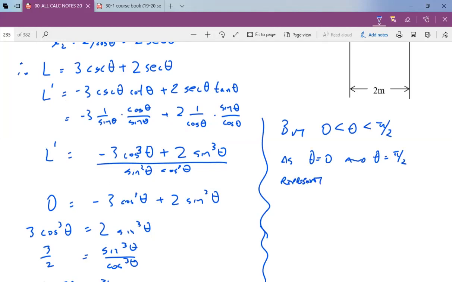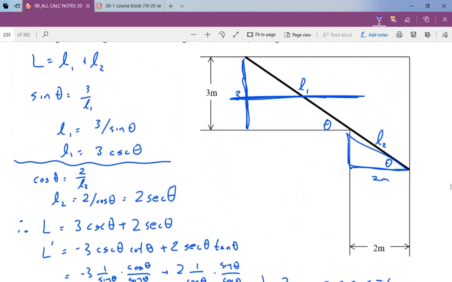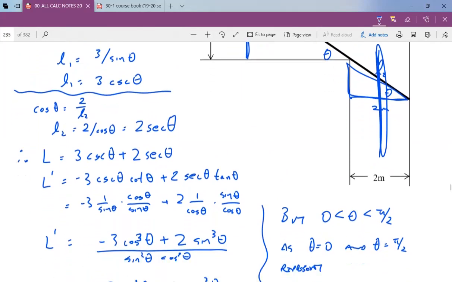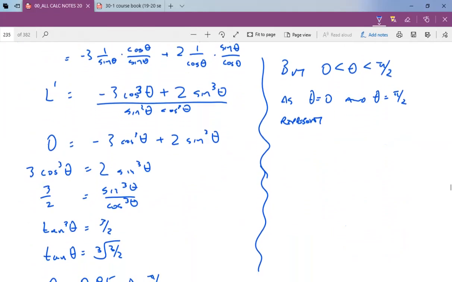They represent the ladder being parallel to the hallway, right? So at 0 degrees, the ladder is like this. At 90 degrees, the ladder is like this, down the hallway. And so our angle has to be somewhere in between those. So at 0 and pi/2, those represent the ladder being parallel to a hallway.